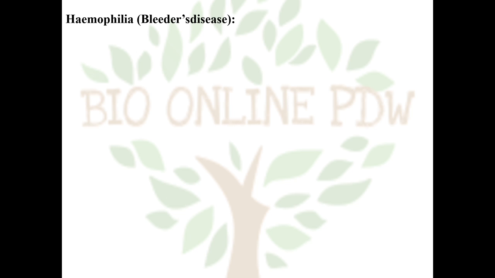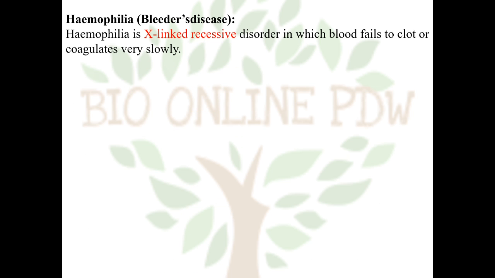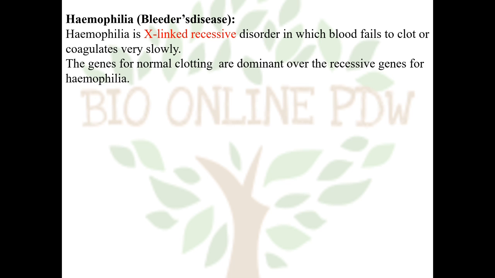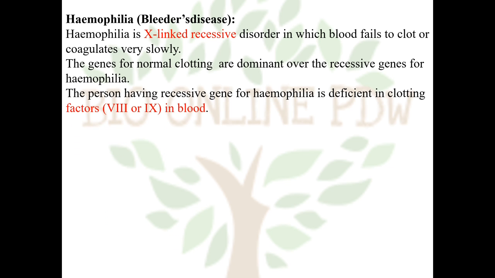A second example of criss-cross inheritance is haemophilia, which is also called bleeder's disease. Haemophilia is again an example of an X-linked recessive disorder in which blood fails to clot or coagulates very slowly. The genes for normal clotting are dominant over the recessive genes for haemophilia.